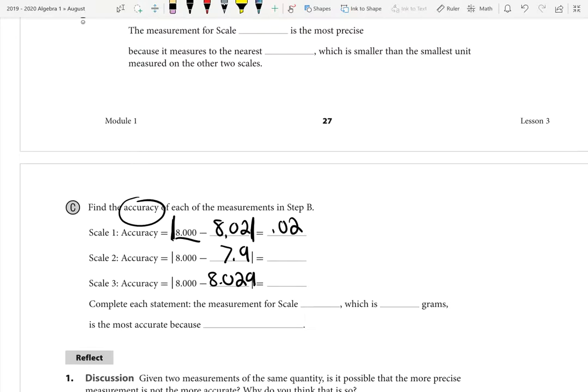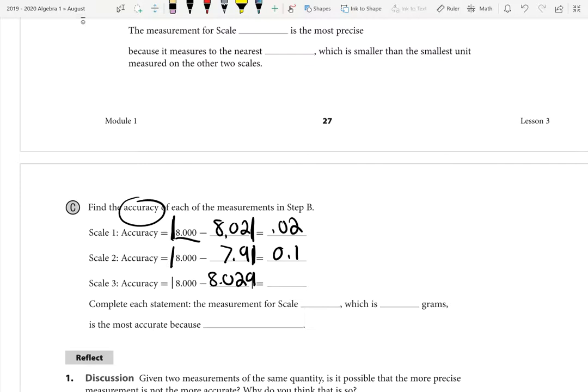So technically, just to say that it was 0.02 off. All right, the next one is 8 minus 7.9, and 8 minus 7.9 would be 0.1. And the absolute value bars, again, just make it positive. It's already positive, so it doesn't really change. It's going to just be 0.1.